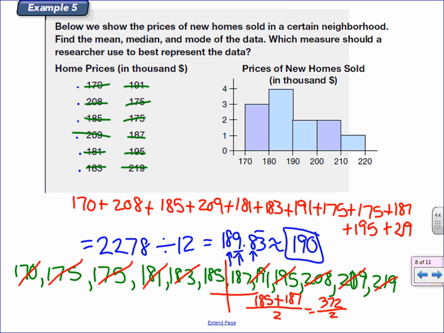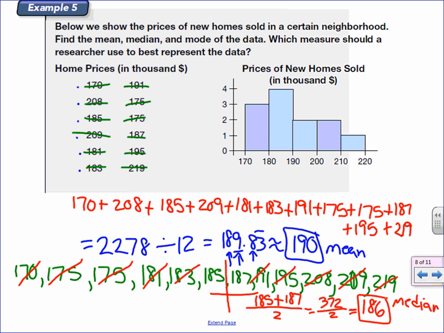And then we divide that by 2. That's 186. Okay, so the median is 186.